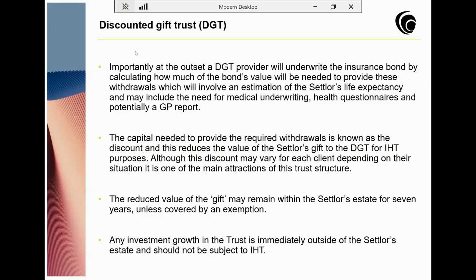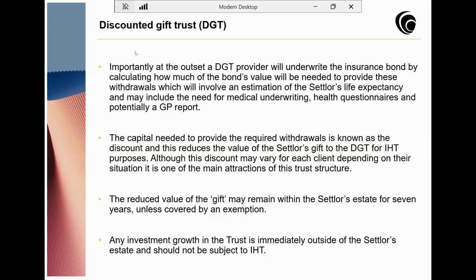So what do I mean by that? The settlors will have retained benefits due to how long they're expected to live. So that fund is actually set aside for the level of capital withdrawals you can reasonably expect them to receive during their lifetime. And importantly, that's then discounted immediately in respect to IHT.